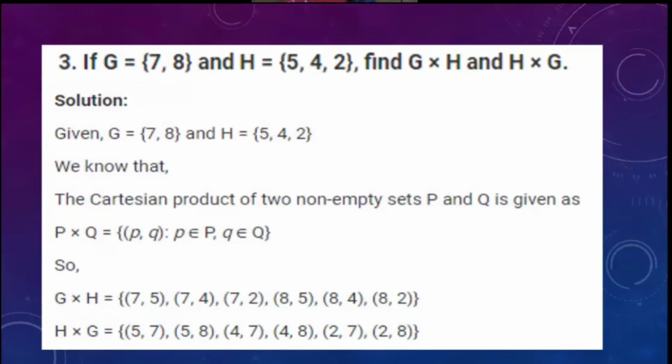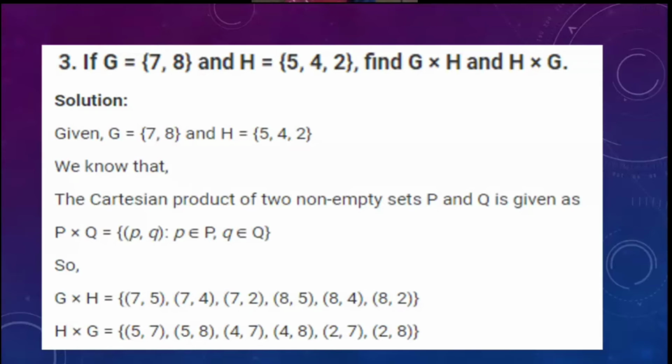The Cartesian product of two non-empty sets P and Q is given as P into Q, the set of ordered pairs (p, q) where p belongs to P, q belongs to Q. In G, what is the first element? 7. So (7, 5), (7, 4), (7, 2). Then (8, 5), (8, 4), (8, 2).